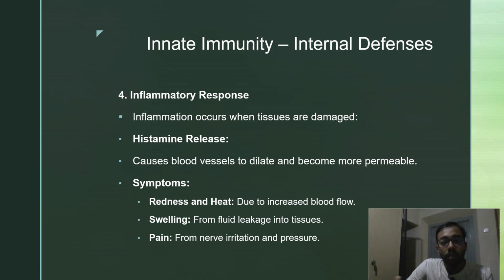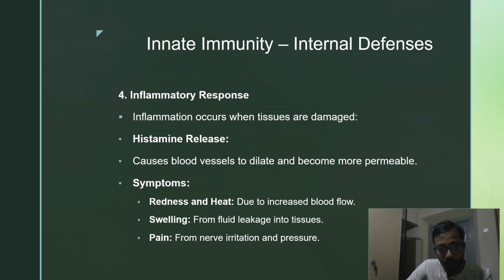The other part of the internal defense mechanisms in innate immunity is known as the inflammatory response. Inflammation occurs when tissues are damaged. The main agent that leads to inflammation is called histamine. Histamine is released by the so-called mast cells, right?